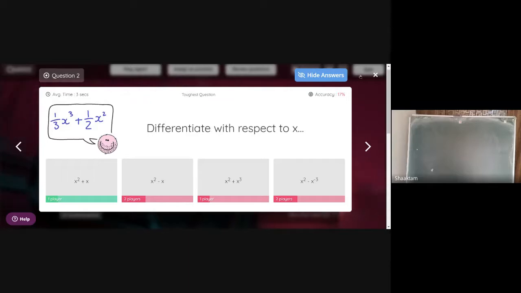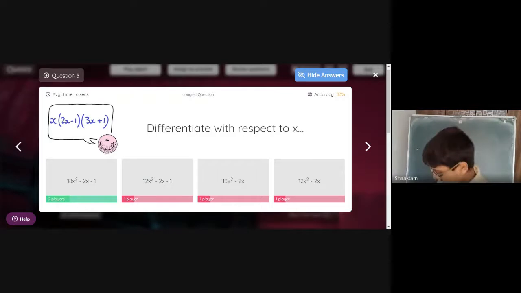Longest question is which question? x into 2x minus 1 into 3x plus 1. What you could have done in this one is take x into 2x minus 1 as one unit and 3x plus 1 as the other unit.